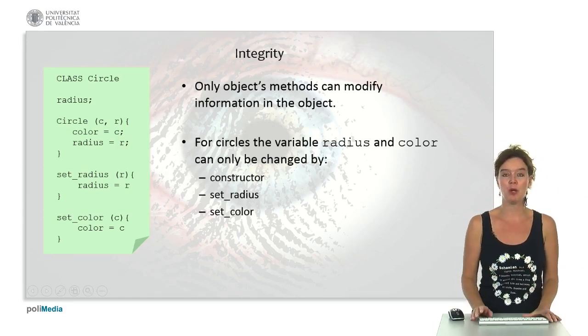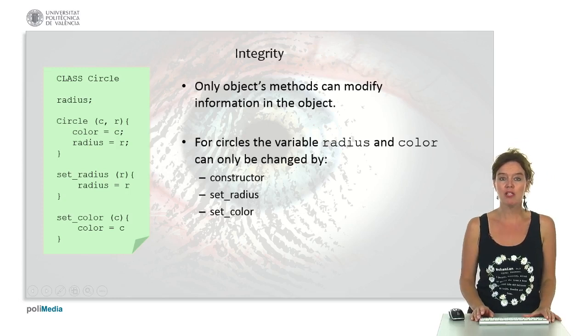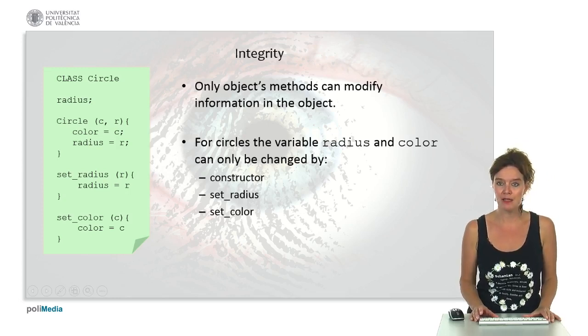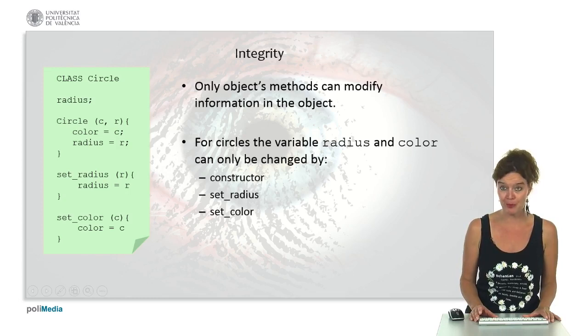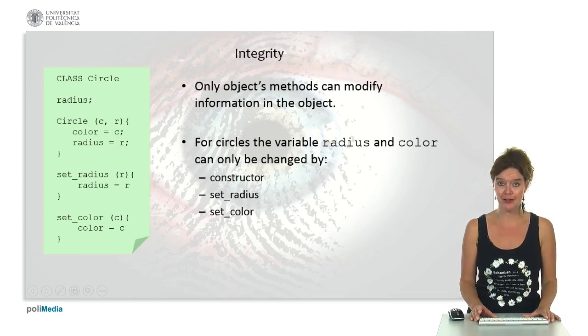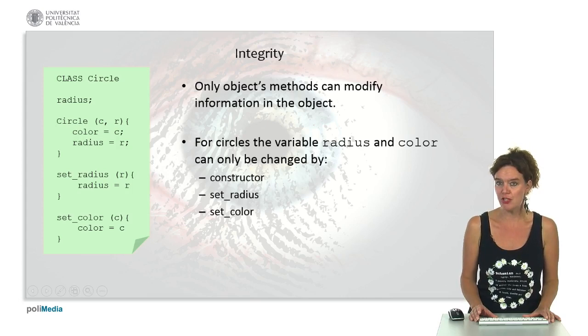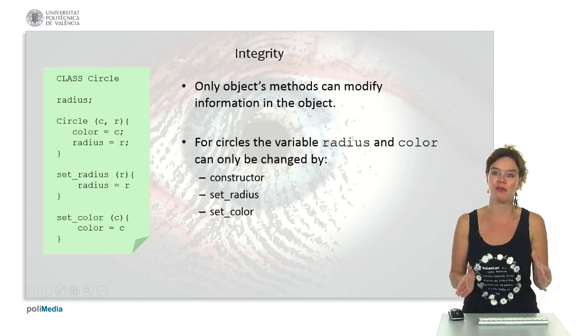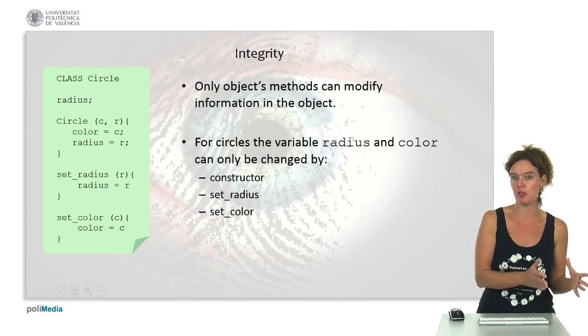So in, for example, our circle, we can only change the color and the radius through the constructor when we create an instance of this class, through the set radius, the setter, and the set color. And there's no other way we can change the value of these variables. And this makes the integrity higher, because we know that if we change variables, we have invoked or called a method of the object.